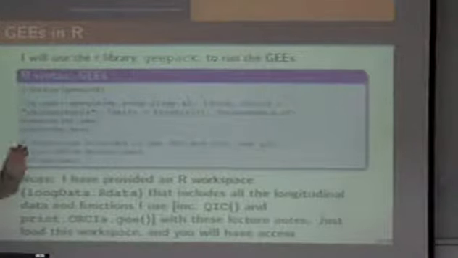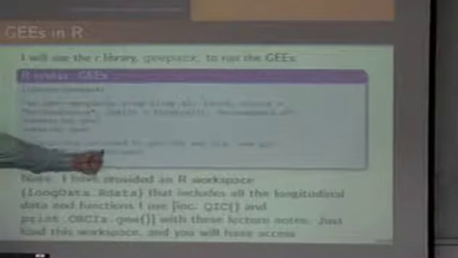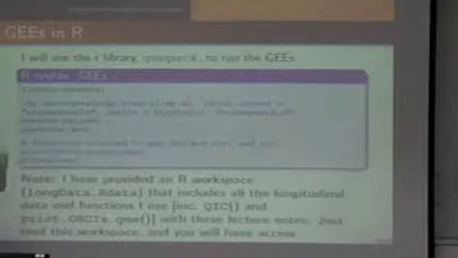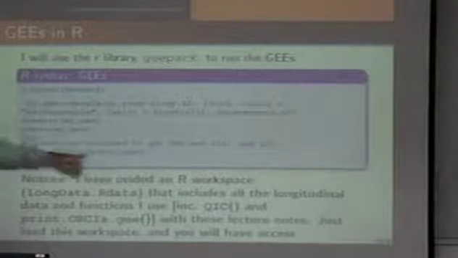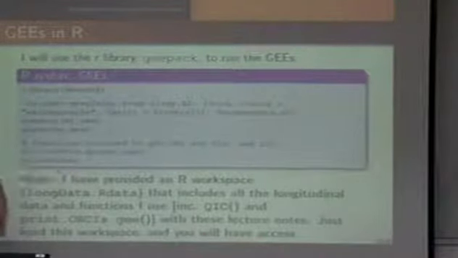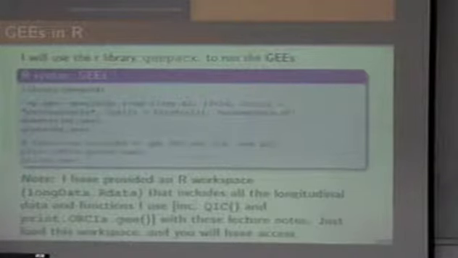Now, to get my odds ratios and their confidence intervals, again, I wrote this function, which I give to you in the long data file soon, so you'll see this. So this will print out the odds ratios and their confidence intervals.